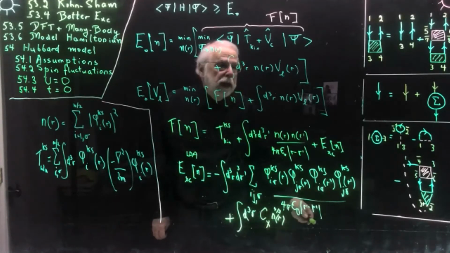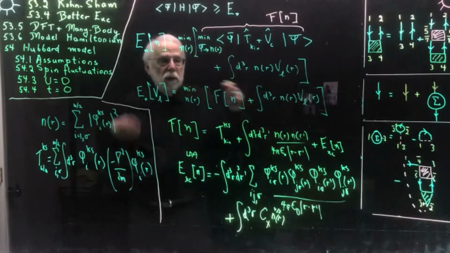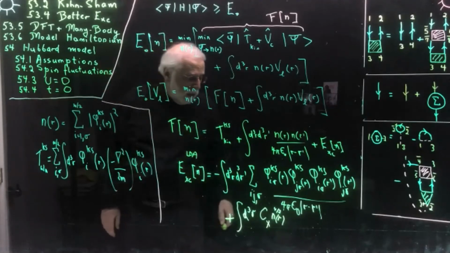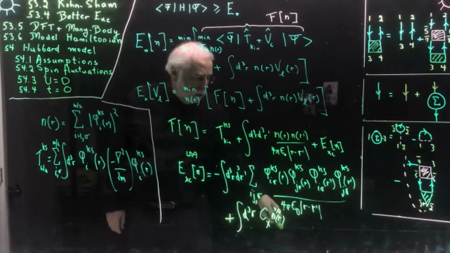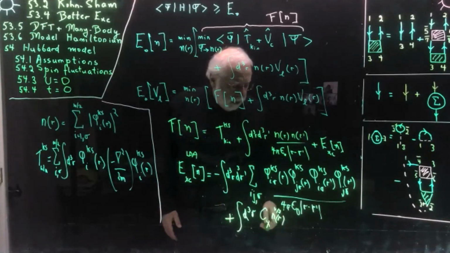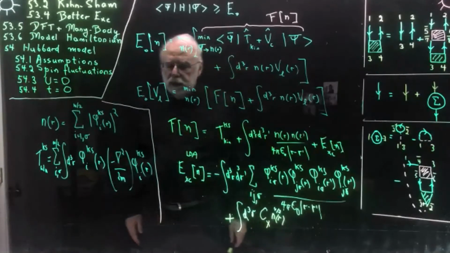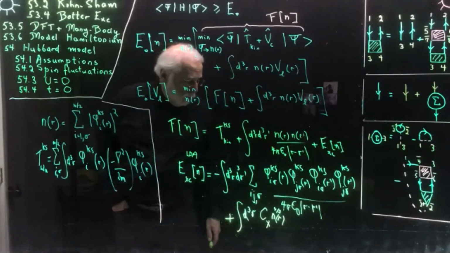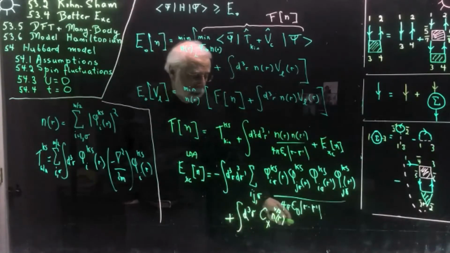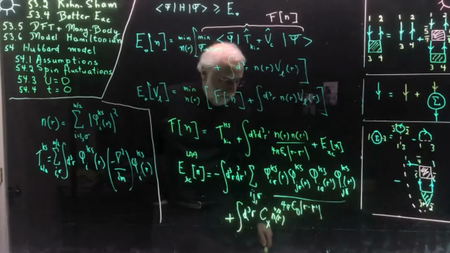And I can put gradients. A gradient is a vector and this is a scalar, so I need to have a gradient squared. So you can increase the number of parameters that are necessary. If you put more parameters, it's called the generalized gradient approximation.